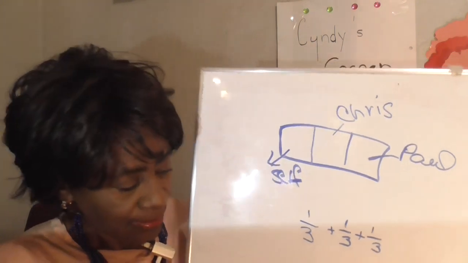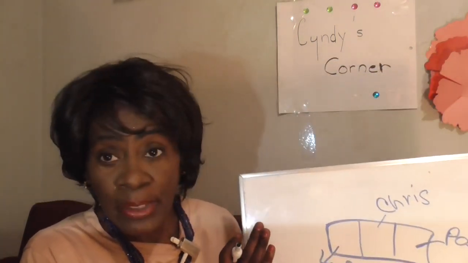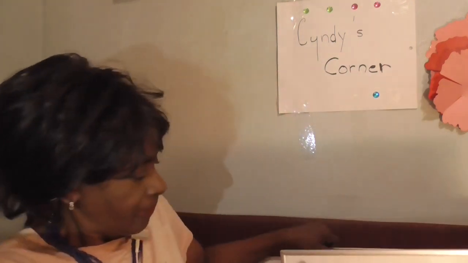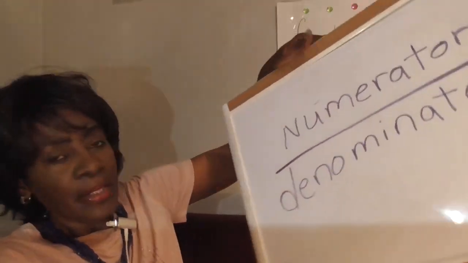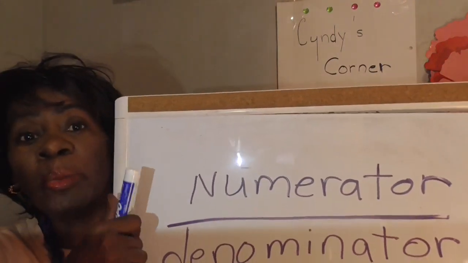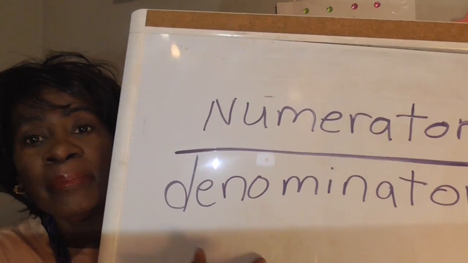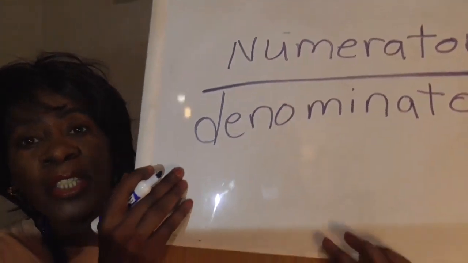Fractions. When writing a fraction, the top number of the fraction is always called the numerator. The bottom number is called the denominator.